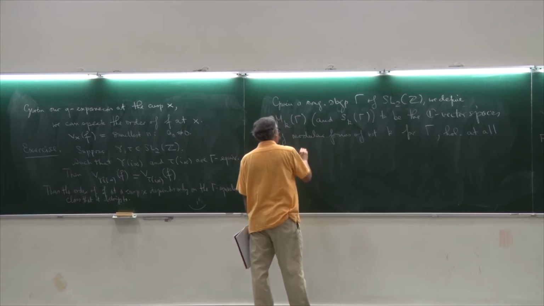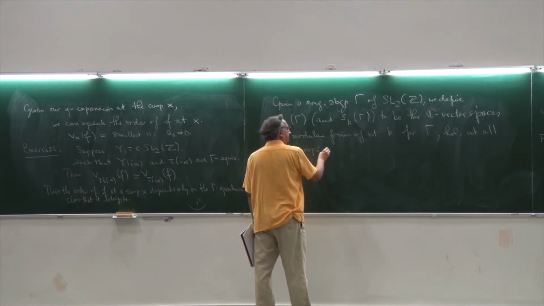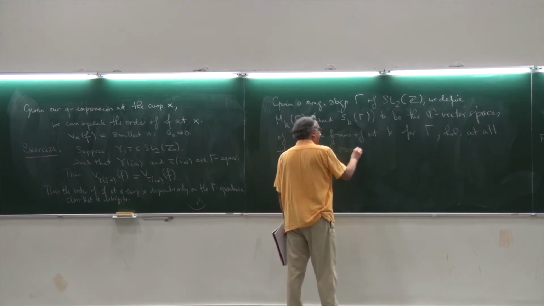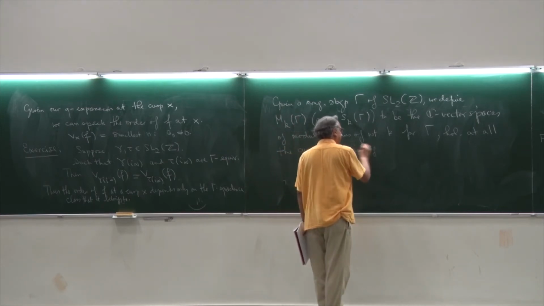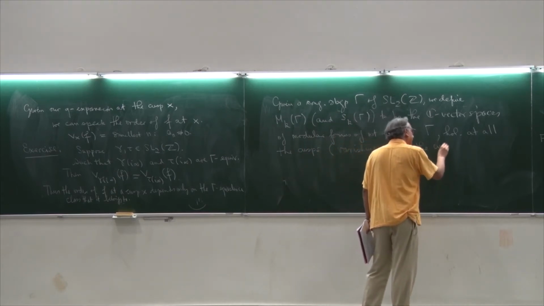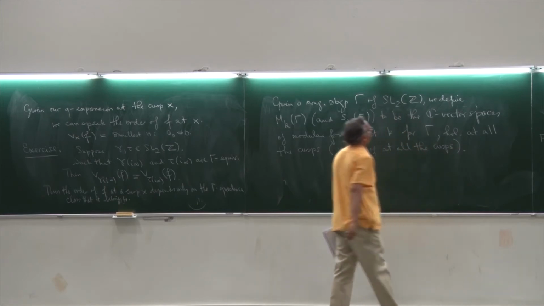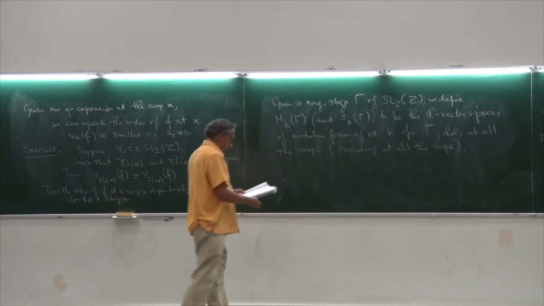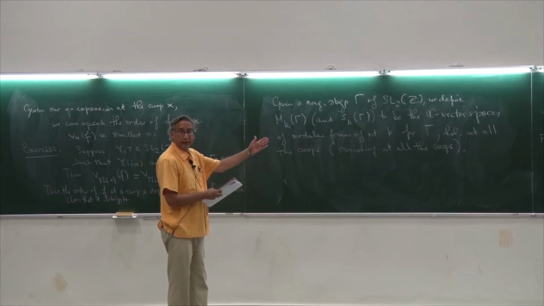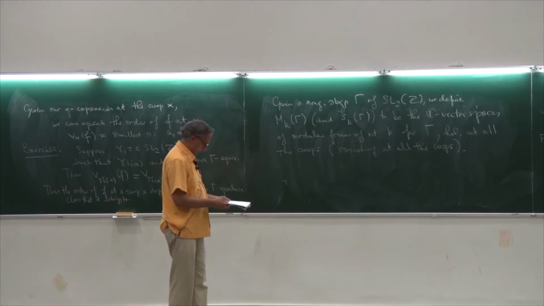Holomorphic at all the cusps, and for the Sk vanishing at all the cusps. So these are the vector spaces, and we would like to study these vector spaces just like we studied the level 1 case, the full modular group case.